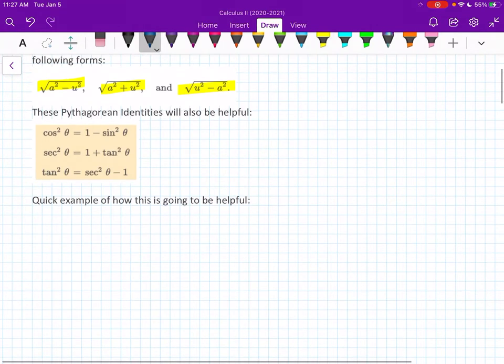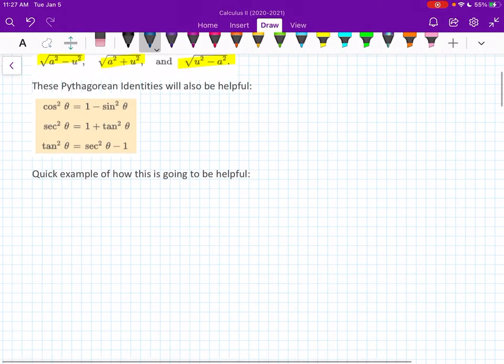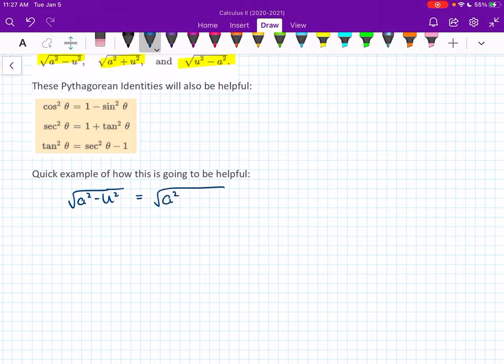So how might these Pythagorean identities and these radical expressions go together? It might be helpful if I have something like a squared minus u squared, I can rewrite that as a squared minus a sine theta squared.